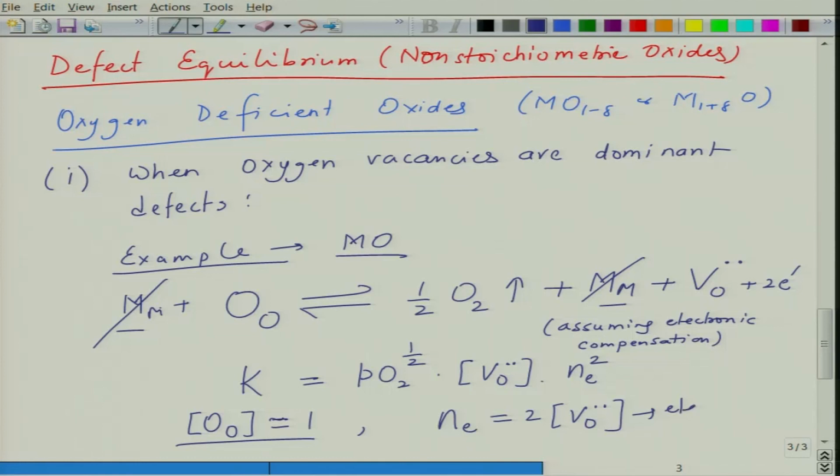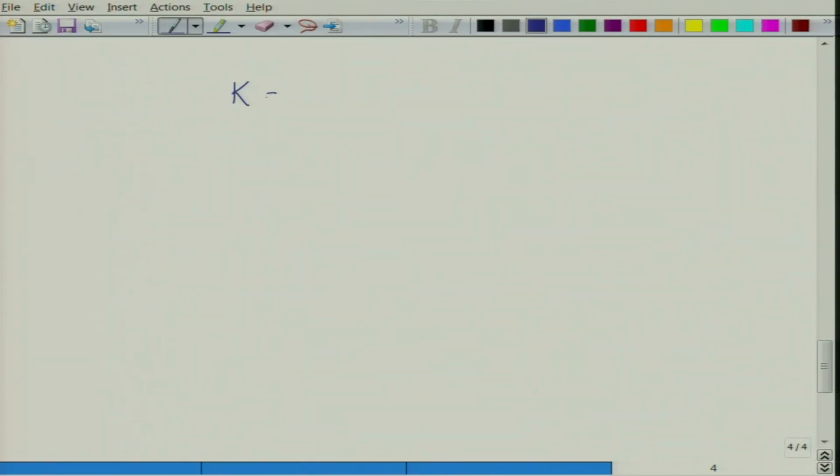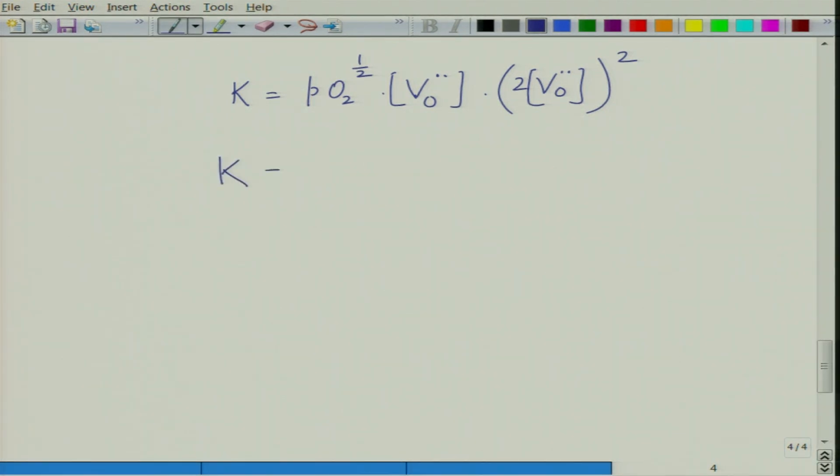This is the electrical neutrality condition. When you substitute this in the above equation, K becomes PO to the power half into VO into (2VO) square.